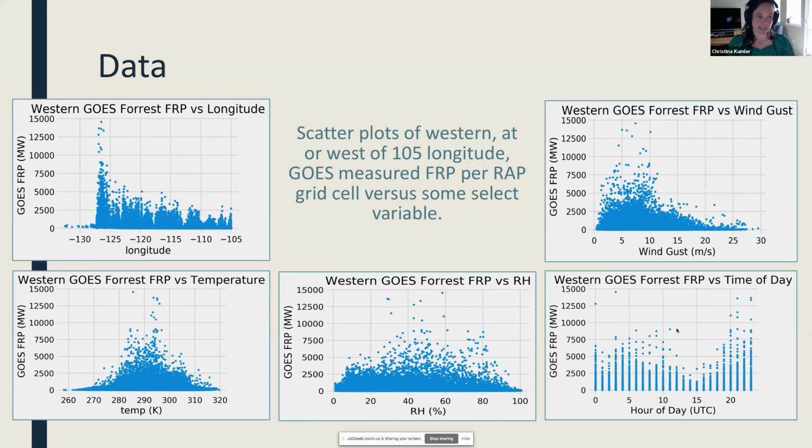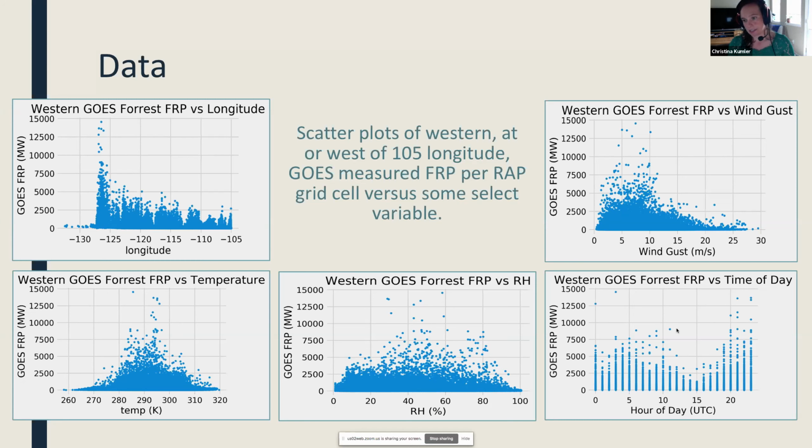And remember that these single dots are now just singular WRF grid points, because this includes every FRP point over 2018. This makes sense because we don't tend to see as many wildfires in other areas of the country. We do see them, but they aren't as persistent. I'm thinking of the one in the Appalachians. Like I said, they do exist, but there's still this trend that you'll see higher FRP values with longitude.